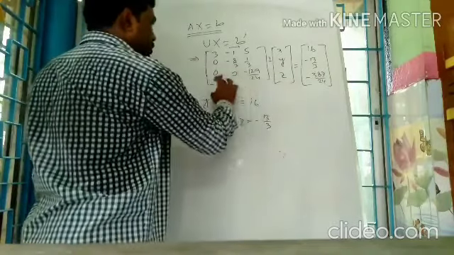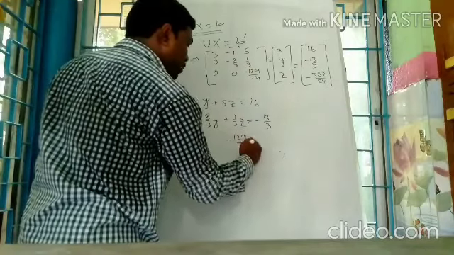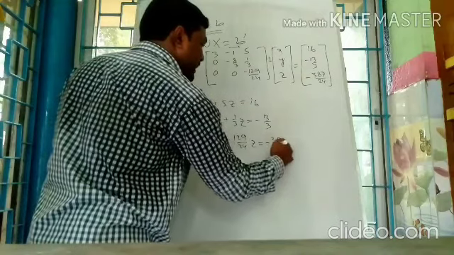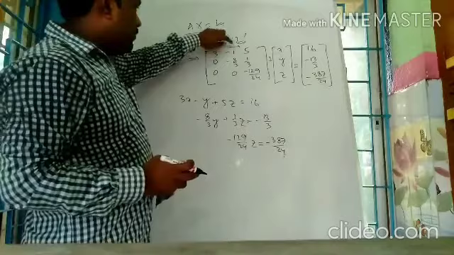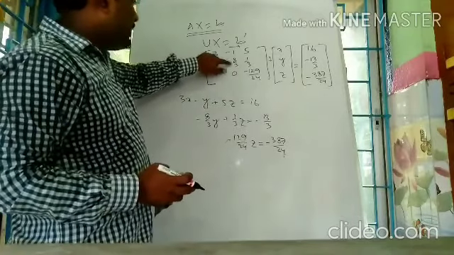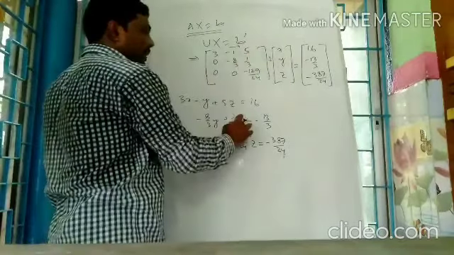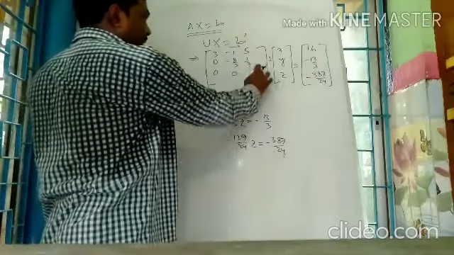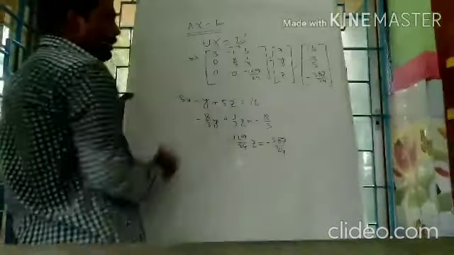Next, 0x + 0y - 129/24 z = -387/24. Okay, so 3x - y + 5z = 16, -8/3 y + 1/3 z = -13/3, and -129/24 z = -387/24. Now this is the reduced system of equations.